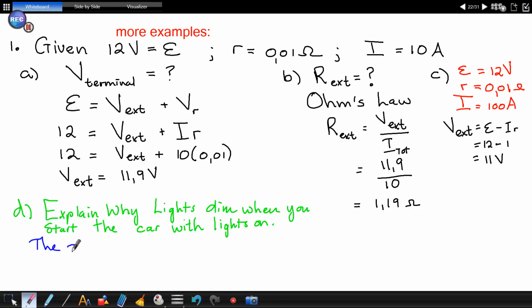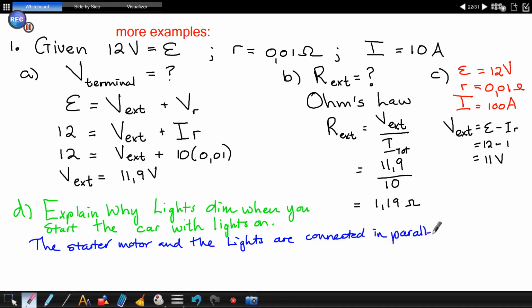The starter motor and the lights are connected in parallel to the battery. Am I right?